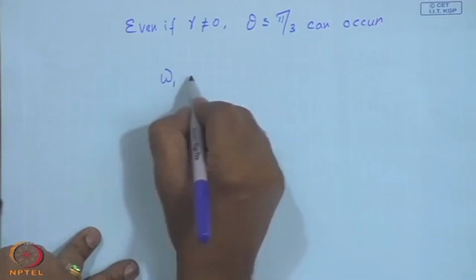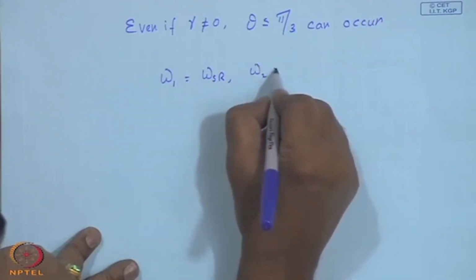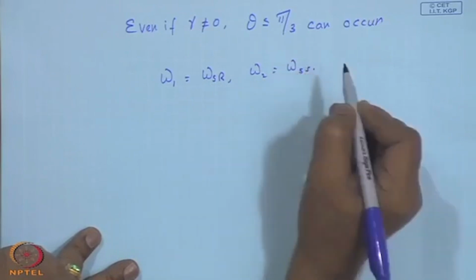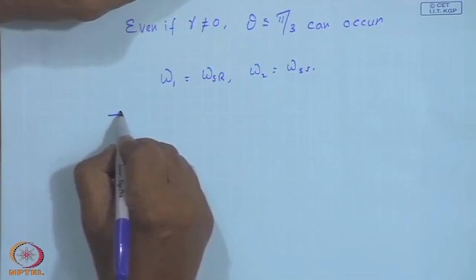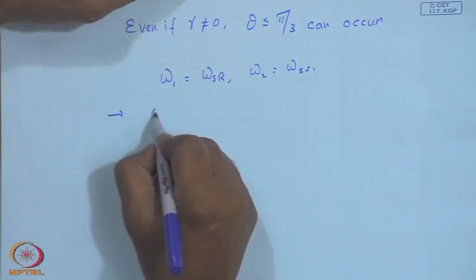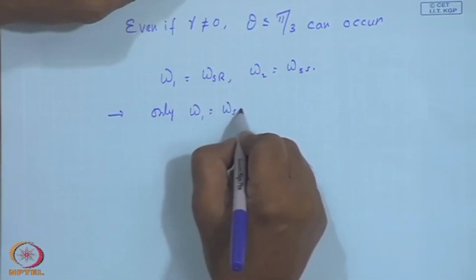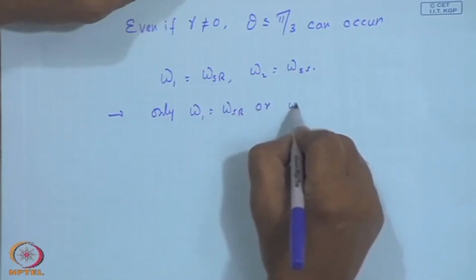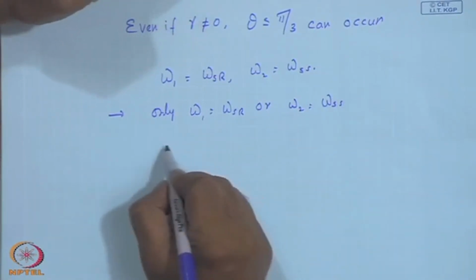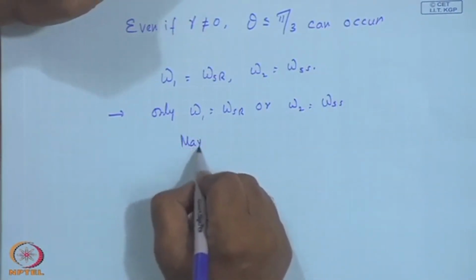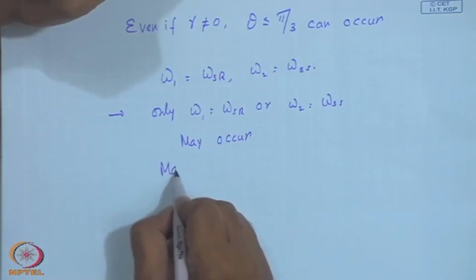So, we do this. And it is equally possible that only omega 1 is equal to omega s r or omega 2 is equal to omega s s may occur, may not be both.